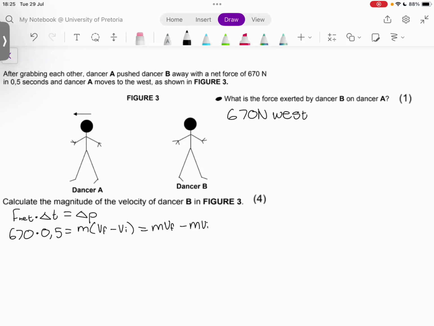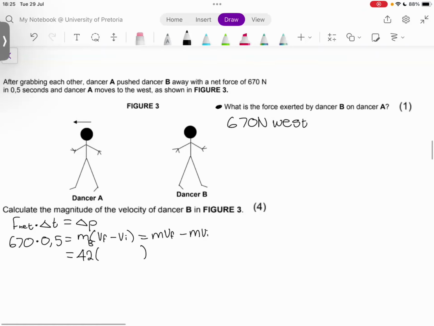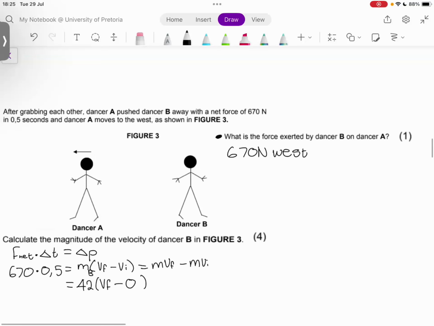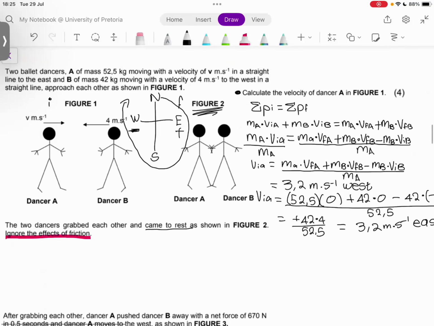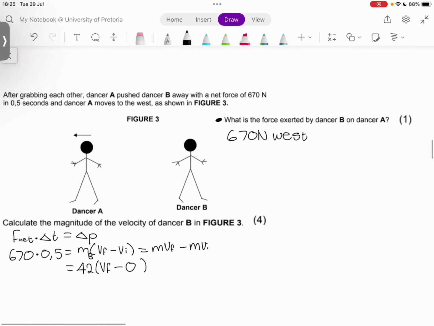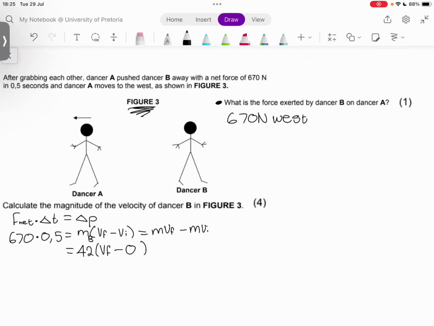We want the velocity of dancer B, so the mass in question here would be the mass of B. So let's substitute that in. That's going to be 42, and in brackets, we have vf minus vi. vf in this case is what we want to find, whereas our vi is 0 because we go from figure 2, where they're stationary, to figure 3, where a force is applied and they start moving.